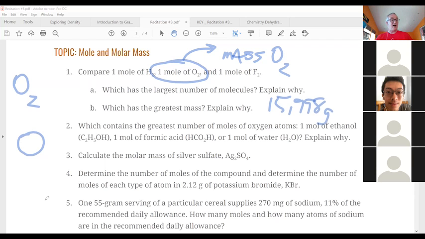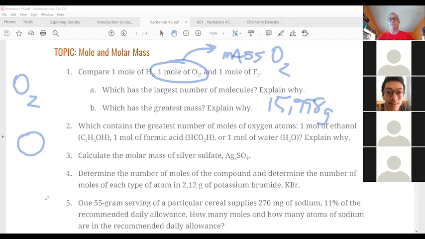But remember, all these atomic masses on the periodic table are of atoms. And we'll find out that pretty much all of these elements up in the top left-hand corner don't exist as atoms. They exist as molecules. Like for instance, we don't breathe oxygen atoms.